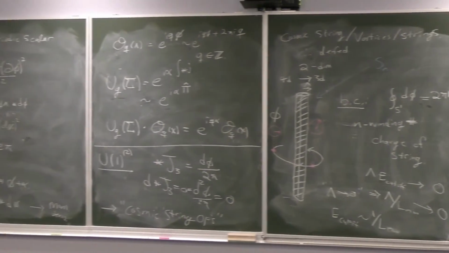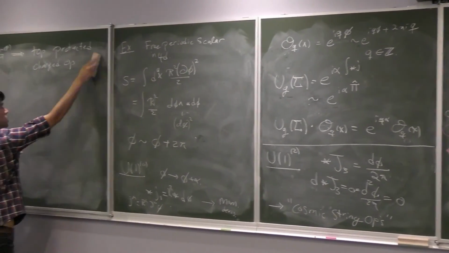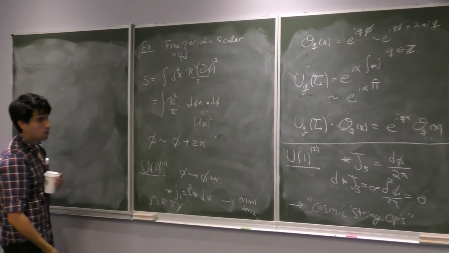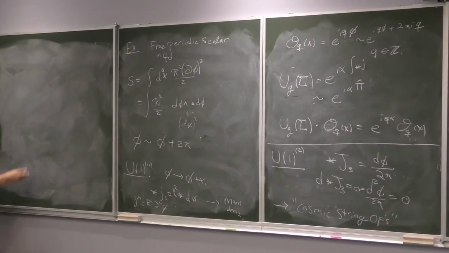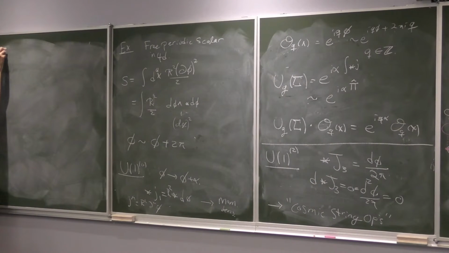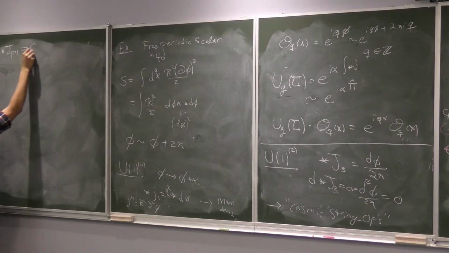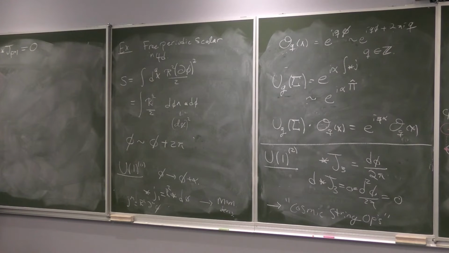And it's going to be the exact same formula, except for the fact that the current now is a p plus 1 form. So remember, hopefully from somewhere on the board, that a p-form symmetry is a conserved p plus 1 form current.